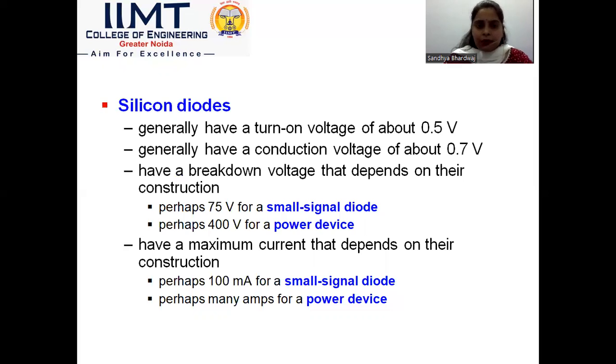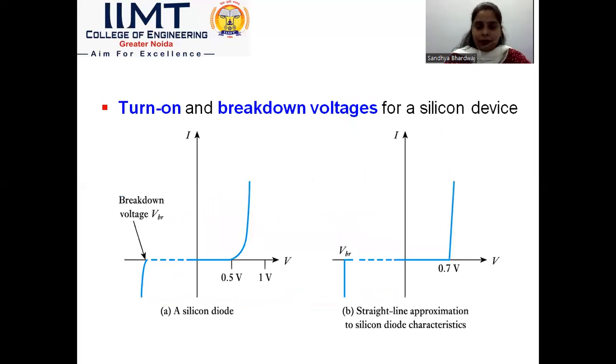Silicon diodes have a breakdown voltage that depends on their construction, perhaps 75 volt for a small signal diode or 400 volt for a power device. They have a maximum current that depends on their construction, like 100 milliampere for a small signal diode or many amperes for a power device.